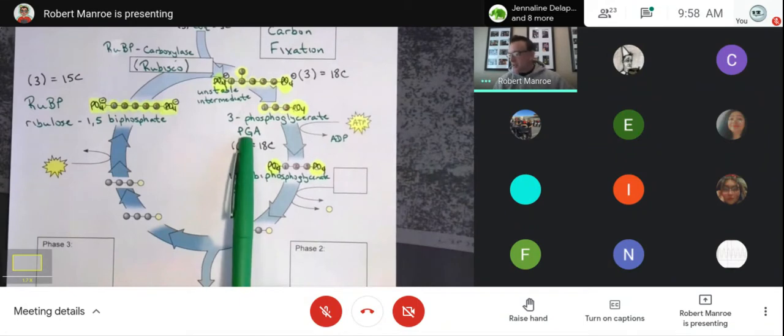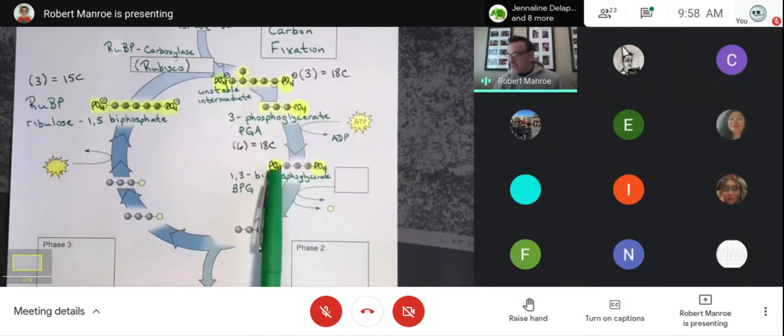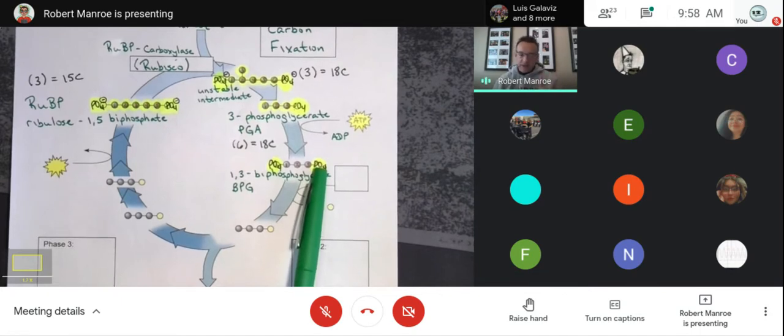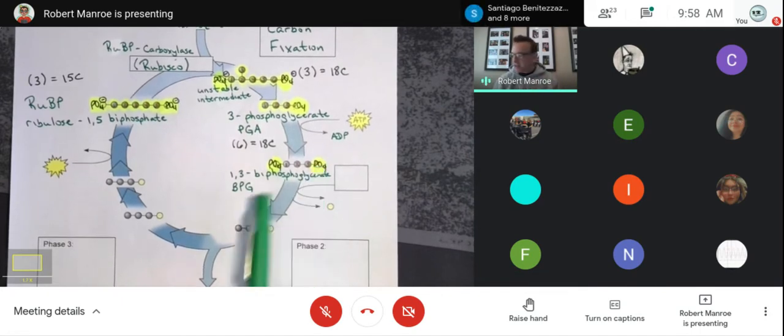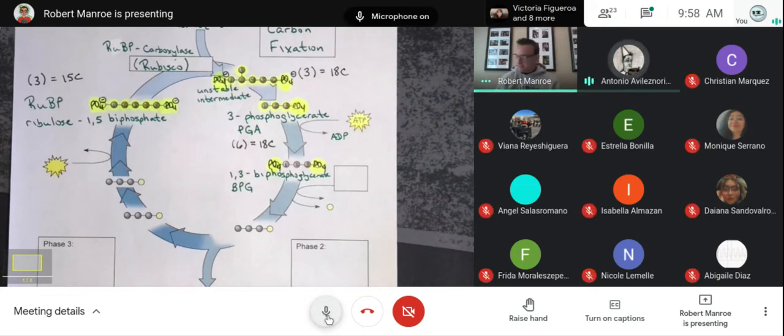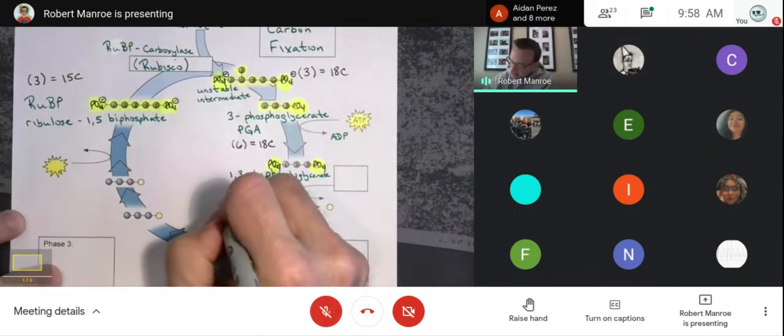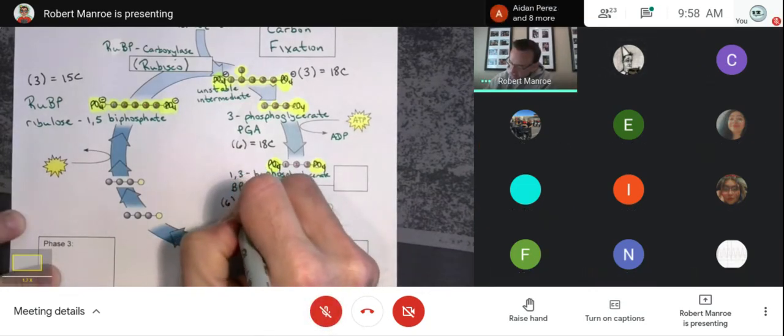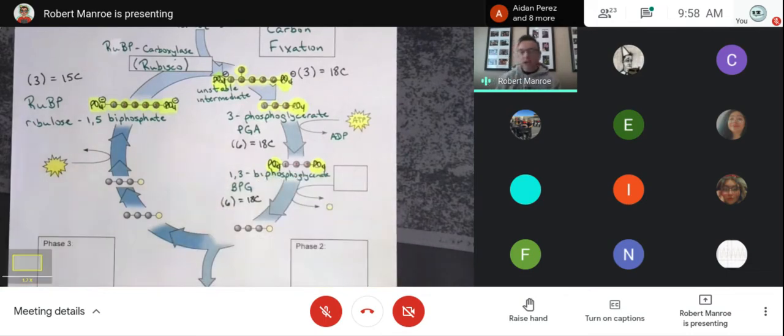The PGA grabs a phosphate, and now this PGA has 2 phosphates. Thus, it is bisphosphoglycerate. Thus, the BPG, right? Have we lost any carbons here at all? No. So we still have 6 BPG for a total of 18 carbons. That's it.